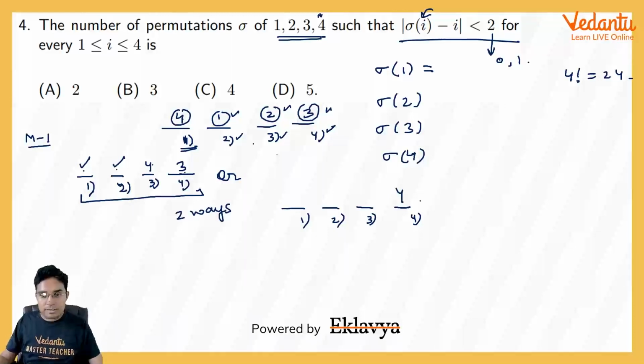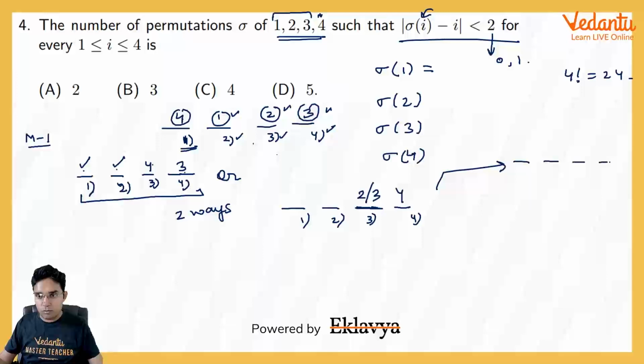Now what about this scenario? If 4 is here, you can see this problem seems like my question is only for 3 numbers and I have to place them at 3 places with the same condition. So here at this place either 2 can be placed or 3 can be placed. So we will make 2 cases here.